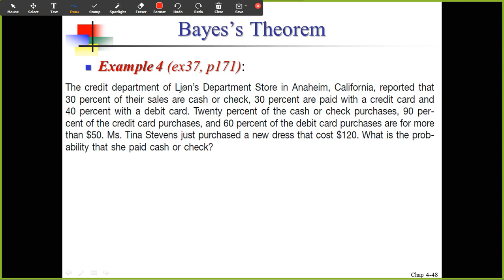Maybe I can explain what it means. 20% cash buying: among the customers who pay cash, 20% buy more than $50. 90% of credit card purchase, 60% of debit card purchase for more than $50.